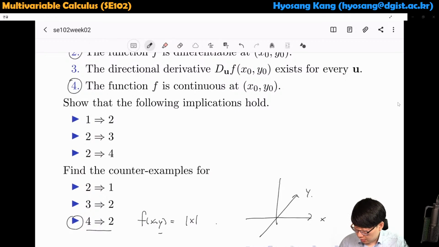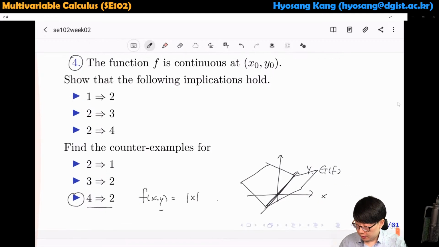And if I put the value on the z-axis, then this looks like this kind of pointy surface. So there is a sharp edge on this surface. So the graph of the function looks like this. If you have such a function, you cannot define your linear approximation because you don't have a partial derivative.